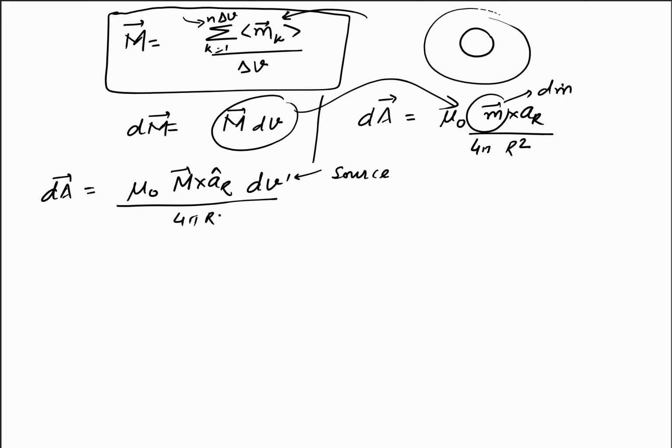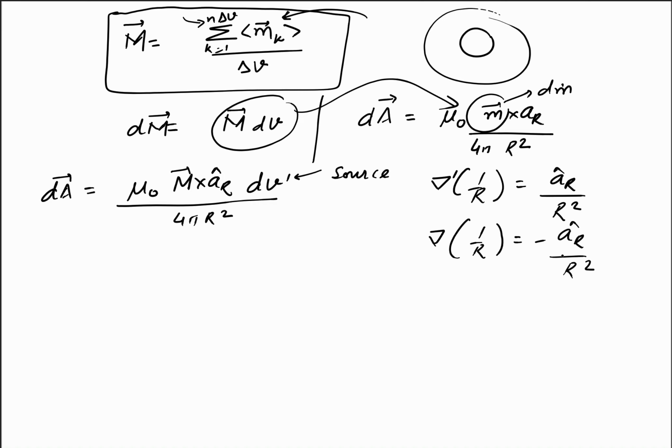Now, you have seen in our lecture number 23 that the gradient of 1 by R with respect to the primed coordinates is simply a_R over R square. We derived the gradient of 1 by R with respect to unprimed coordinates, and it came out to be minus a_R over R square.